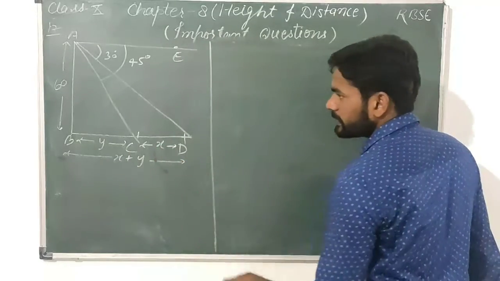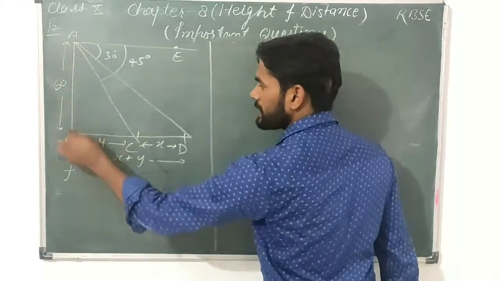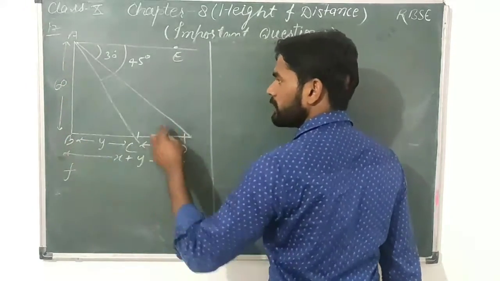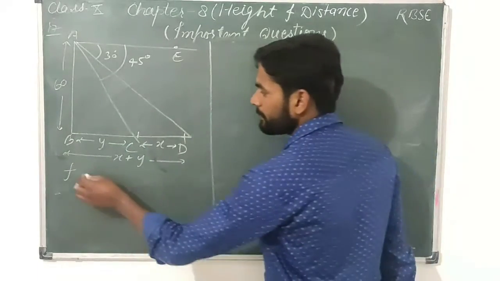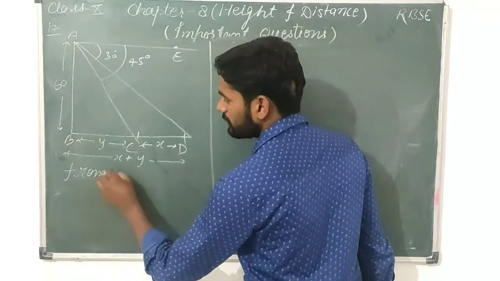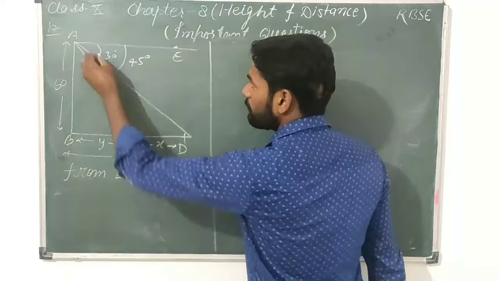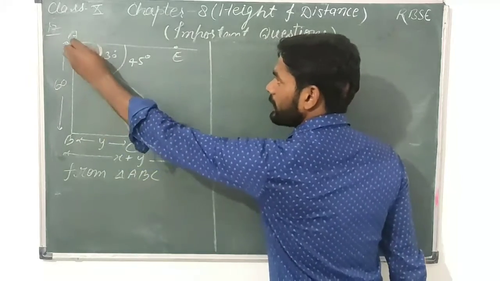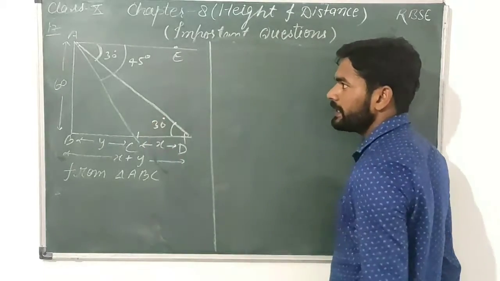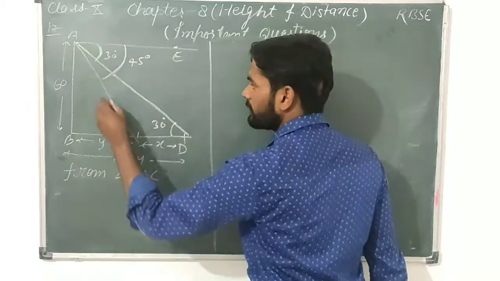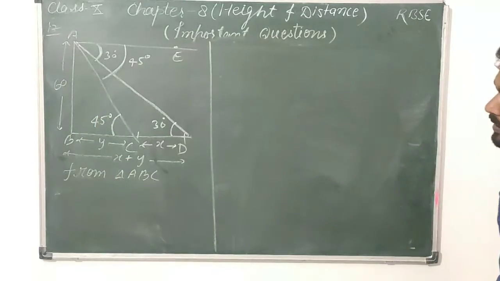Now let's start from triangle ABC. First of all we will select this one and this one. You can change the order also, it does not matter. From triangle ABC, if this is the angle of 30 degree, then this will also be 30 degree because of alternate interior angles, and this is 45, that is also equal to 45 degree.